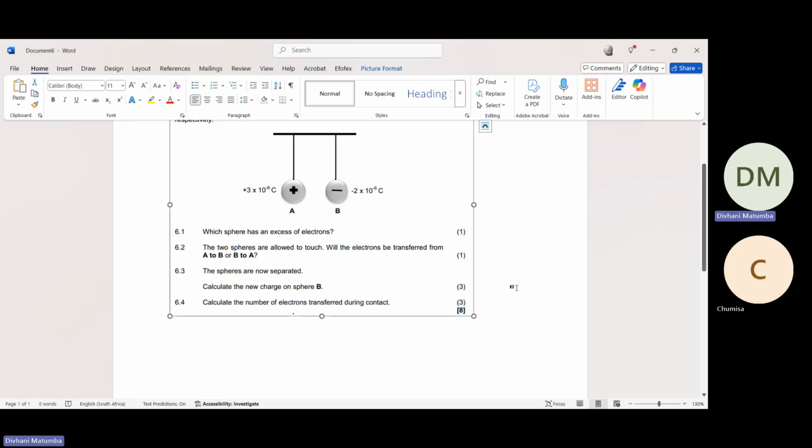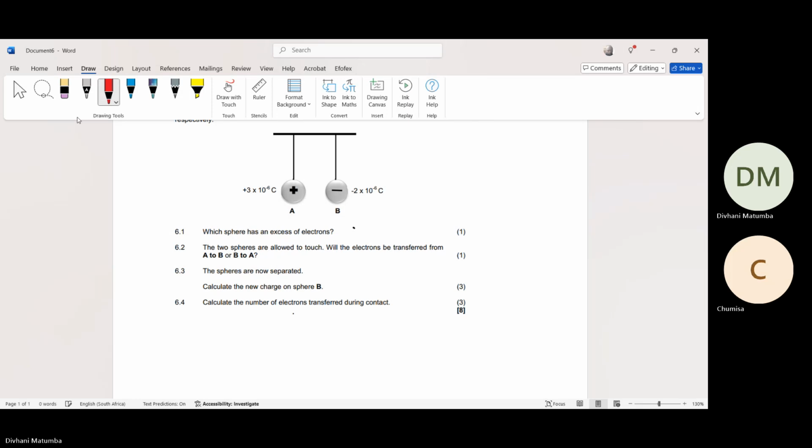Which sphere has an excess of electrons? Which one has a lot of electrons? Sphere B. Okay, that's true. The two spheres are allowed to touch.